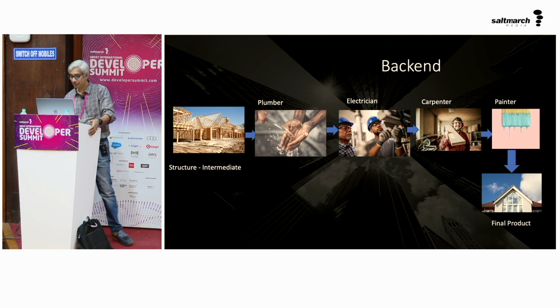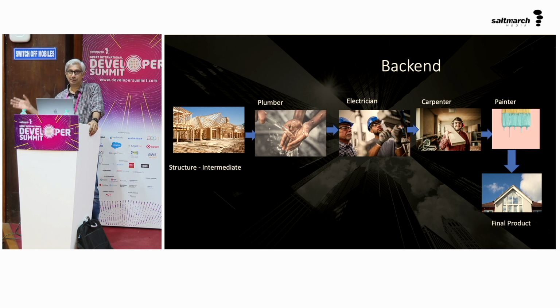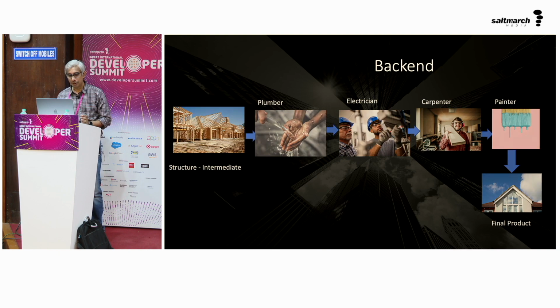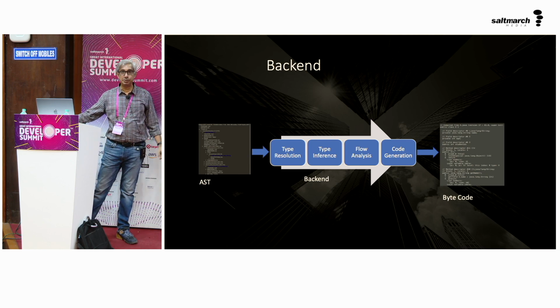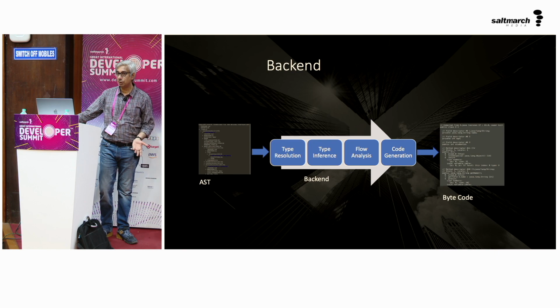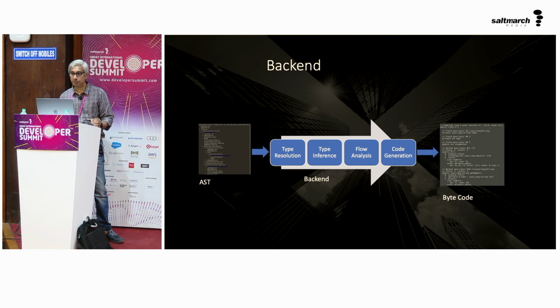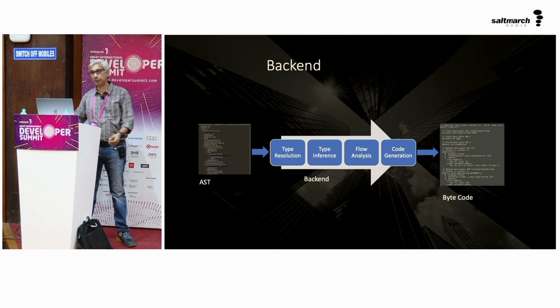You know what will happen. So there is a sequence of things very similar to the compiler pipeline, where we have type resolution, type inference, flow analysis, and finally code generation. Code generation uses a lot of what the earlier stages produce, and the end result is the bytecode.